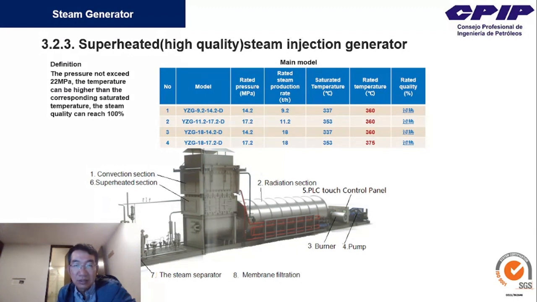The composition may be the same as the first one, and the rated temperature is from 360 to 375, and the steam production rate is from 9.2 to 18 tons per hour.